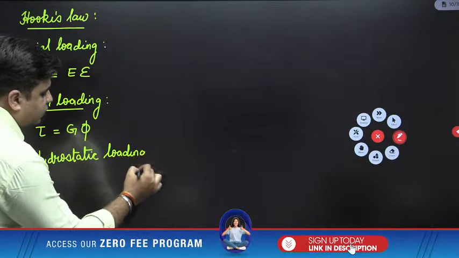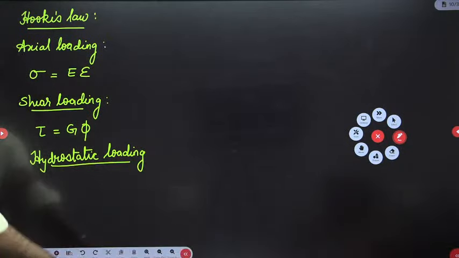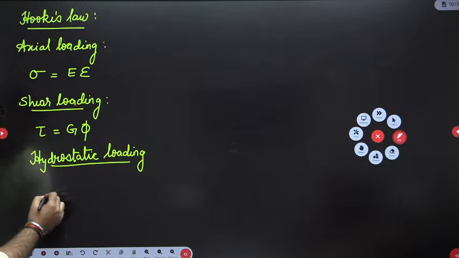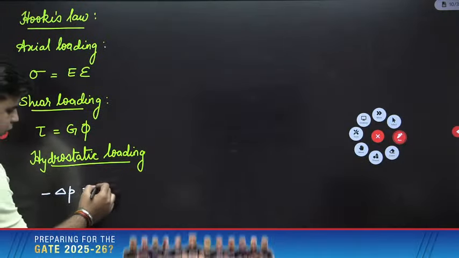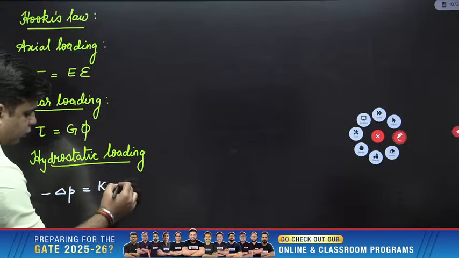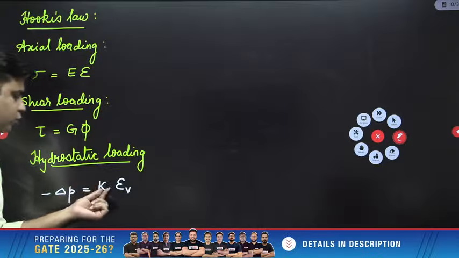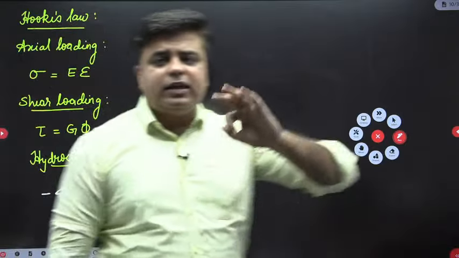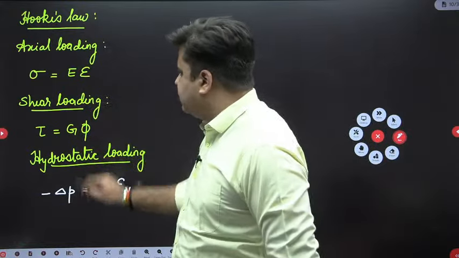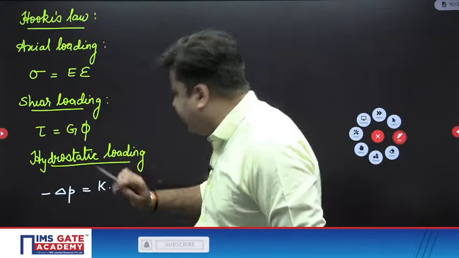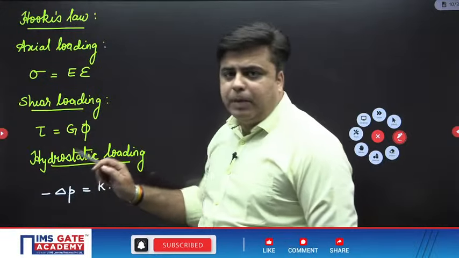It states that the negative of change in pressure is equal to bulk modulus into volumetric strain: minus delta P is equal to K into epsilon V. These are the three different Hooke's laws, and here we have seen three different elastic constants, E, G and K. E is the Young's modulus, G is the shear modulus and K is the bulk modulus.